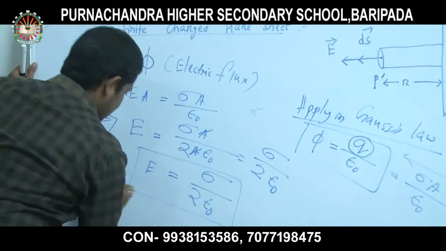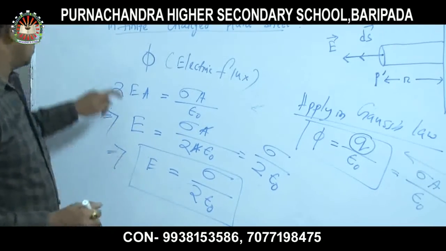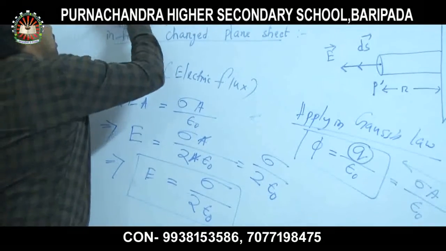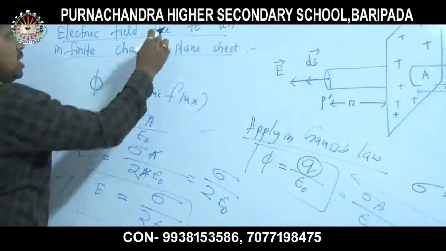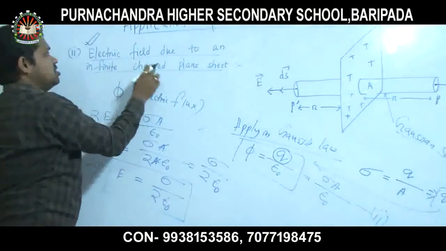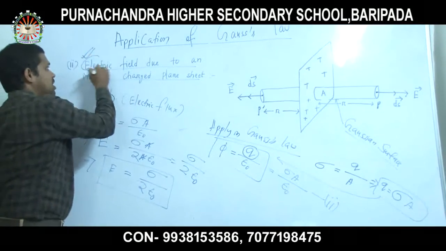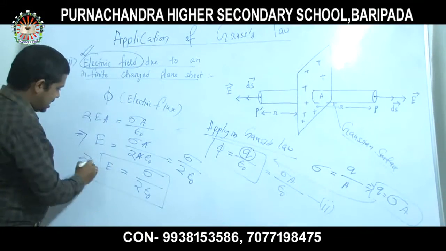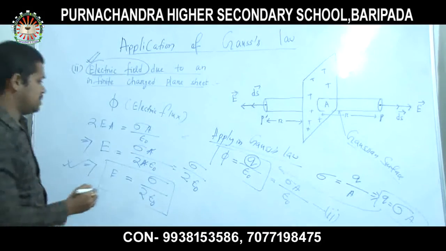Remember, this is very important from the problem point of view. Okay, so our aim is the electric field intensity due to an infinite charged plane sheet. So I had to find out this electric field intensity, and finally I got it. That is E is equal to sigma divided by 2 epsilon 0.